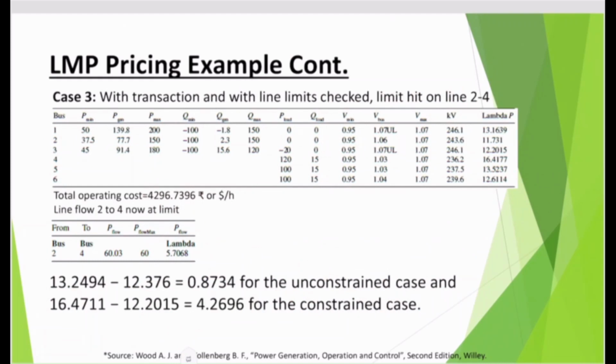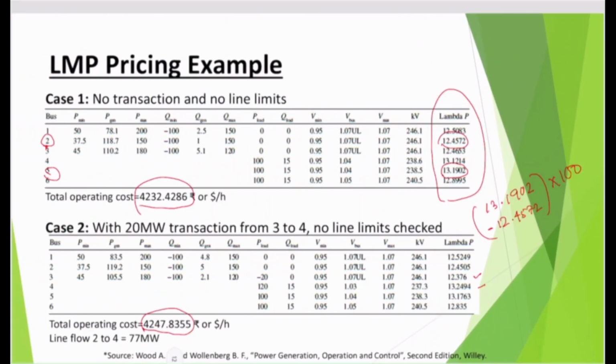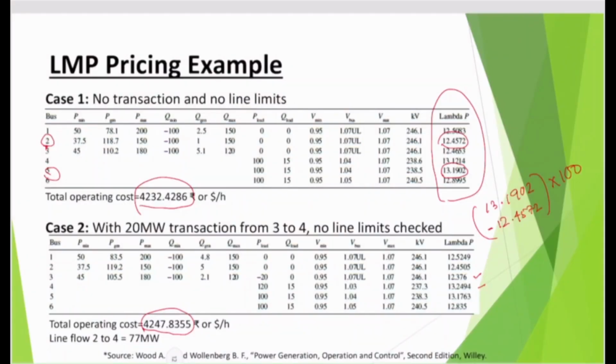Now with the transaction and with line limit checked, limit hit on line number 2 to 4, which is supposed to be 60 megawatt, but now it is carrying 77 megawatt. So if you force the line to carry only 60 megawatt between bus number 2 and 4, then the cost moves to 4,296. Okay, what does it mean? In the ideal case, you experience the cost 4232, and when you carry out a transaction, you experience 4247.